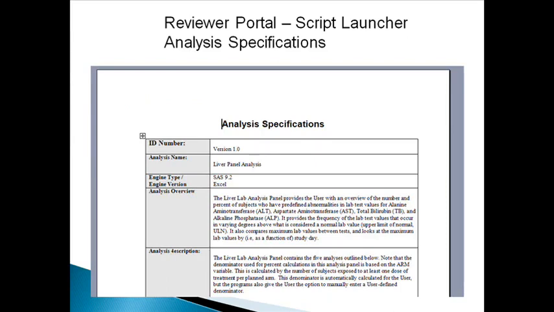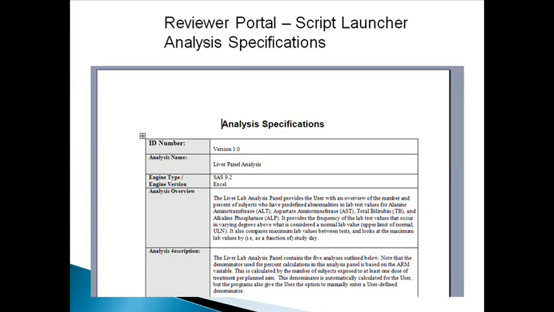So in this case, I'm showing you the document that becomes available to the reviewer that provides information about the liver panel analyses. And I'm only showing you half of the first page, but it's quite an extensive document that provides a general description, describes which data elements are used and how they're used. It describes any data merges or concatenating that may be occurring, and it also provides all the actual code.